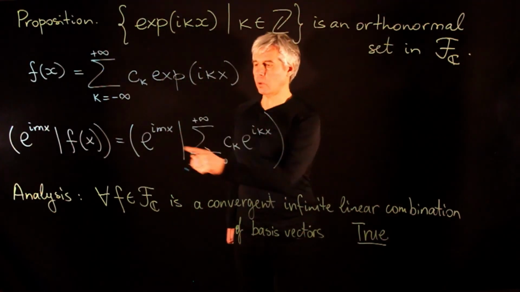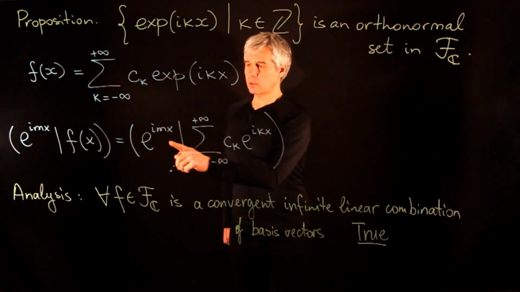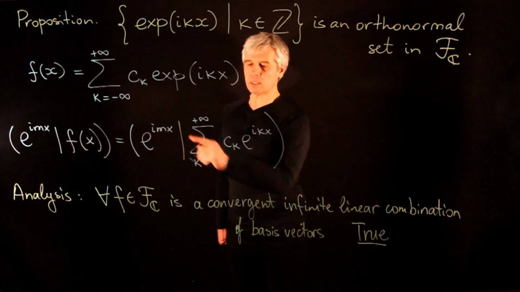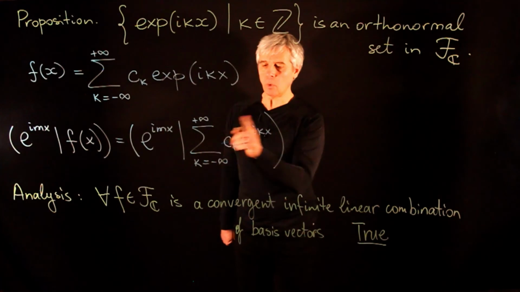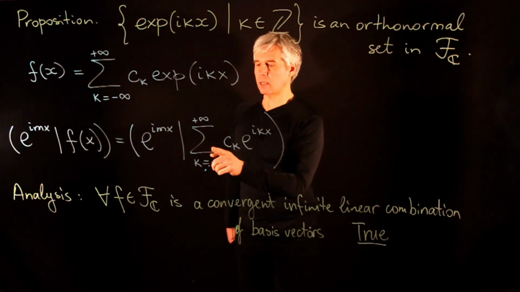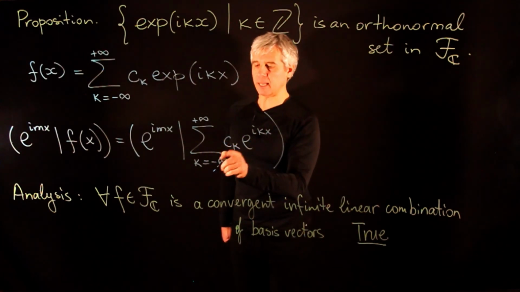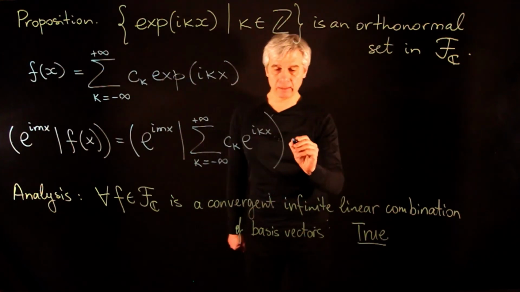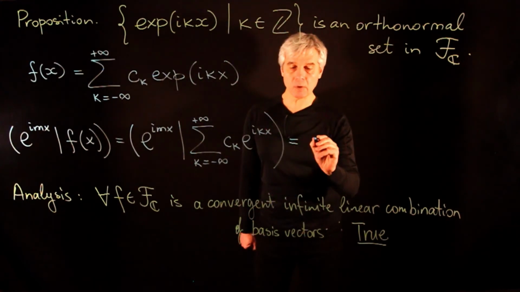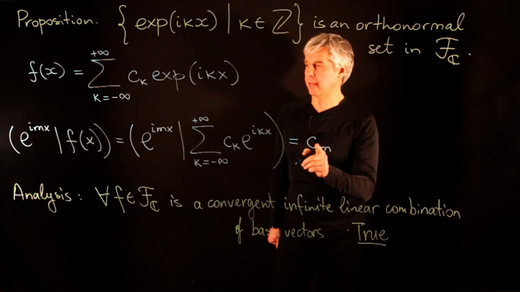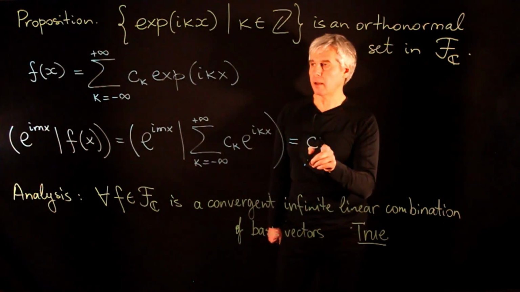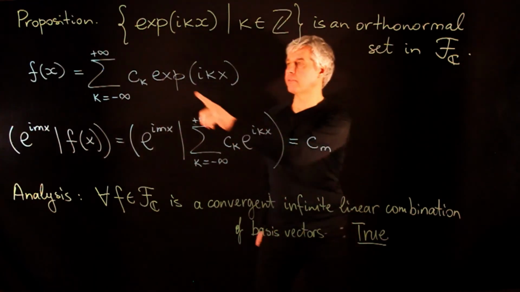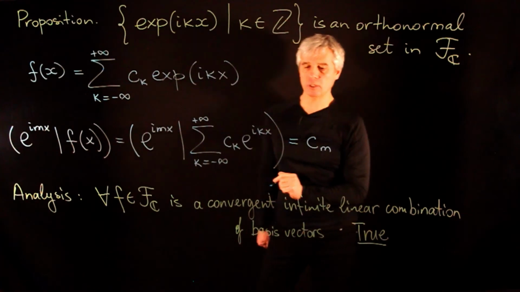Because we have an orthonormal basis, e to the imx will be orthogonal to all terms in this series, except for the case when k is equal to m. And then we see that this is equal to cm.